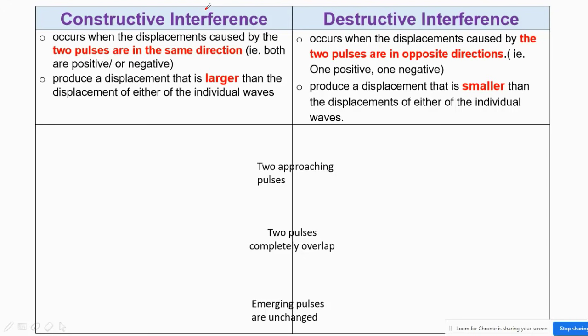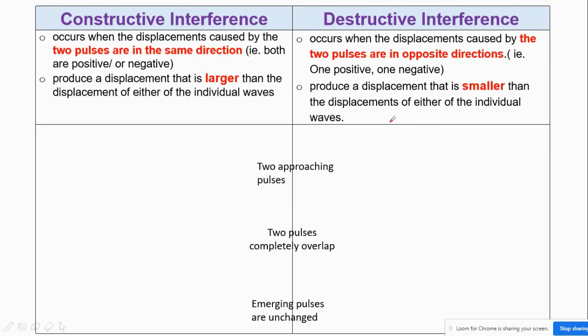Constructive interference will produce a displacement that is larger than the displacement of either of the individual waves, whereas destructive interference will produce a displacement that is smaller than that of either of the individual waves.